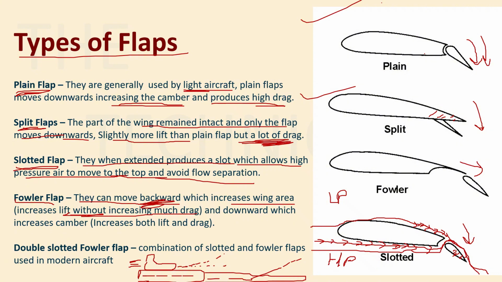But when you're coming in for landing, let's take an aircraft somewhere here coming in for landing. This aircraft will want what? He wants more drag and more lift, right? Because velocity is reduced when it's coming in for landing. In order to compensate for the loss of velocity, he has to apply flaps. So the flaps are there.